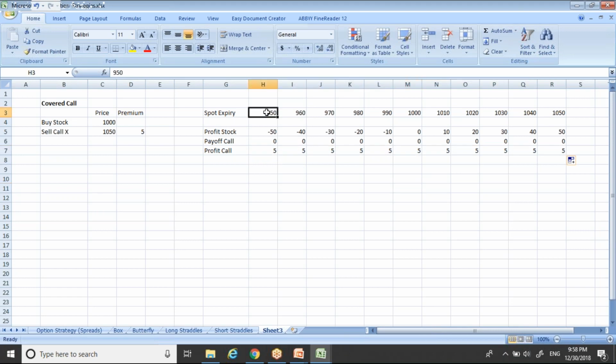I'll change the formula a little bit here, equals this plus 10. Right. So what will be my net payoff?